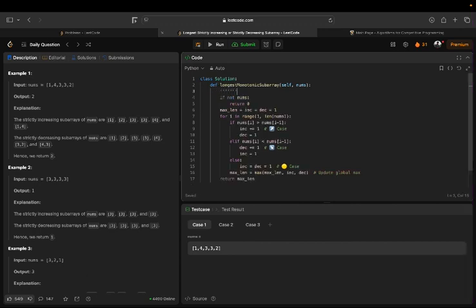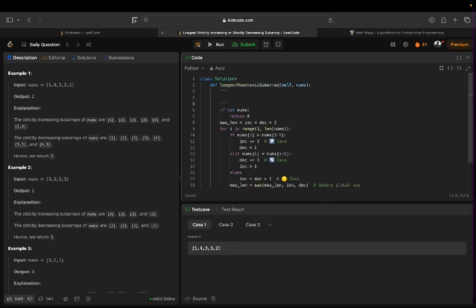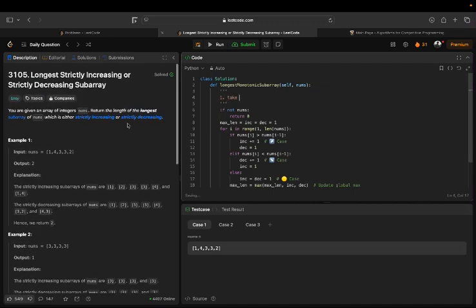So how to solve this? Okay, let me explain. It's an easy type of problem, so we can solve it easily.